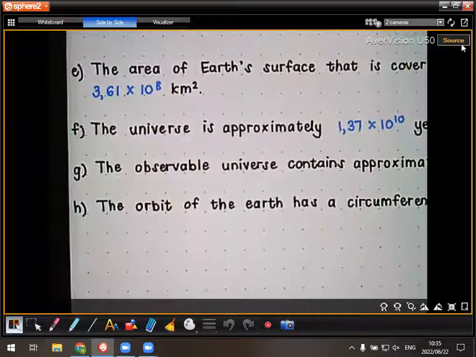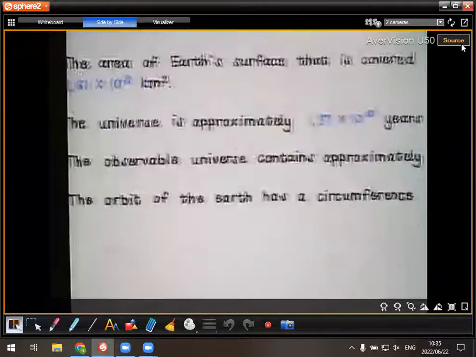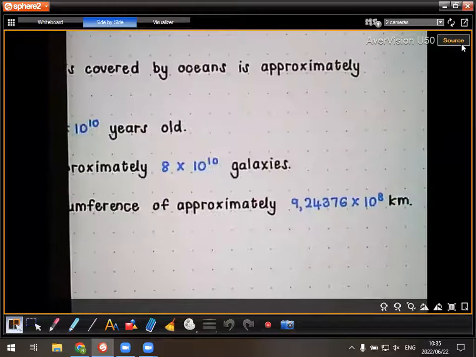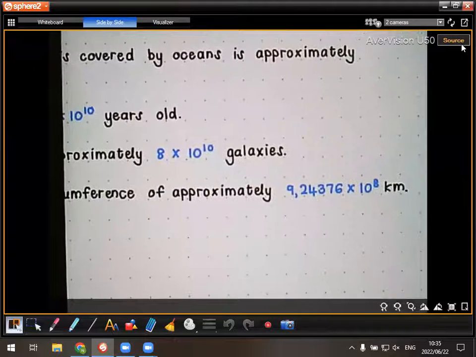Right, then for G and H, there you can see the answers. G was 8 times 10 to the 10. And H was a whole bunch of numbers: 9,24376 times 10 to the 8.